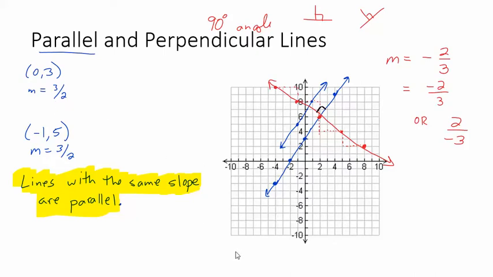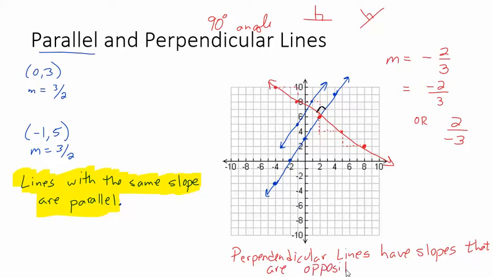All right, so perpendicular lines have slopes that are opposite, which means one positive and one negative, and reciprocals.